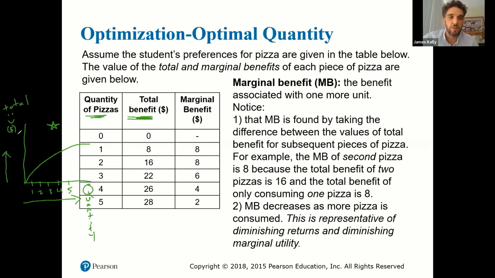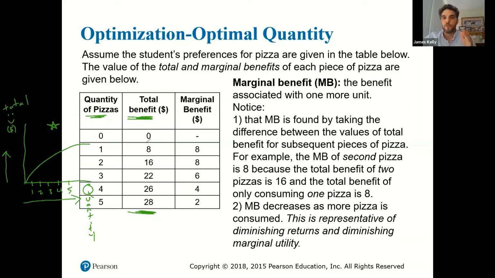Now, I didn't put the values in, but the shape of the total benefit curve represented here is the shape that would take place using the values of total benefit in this column.